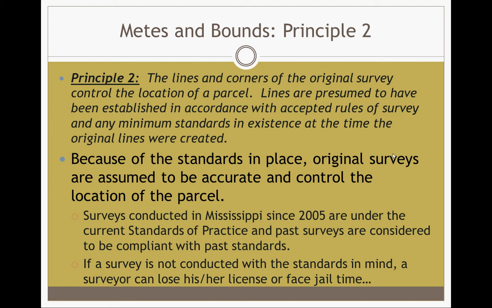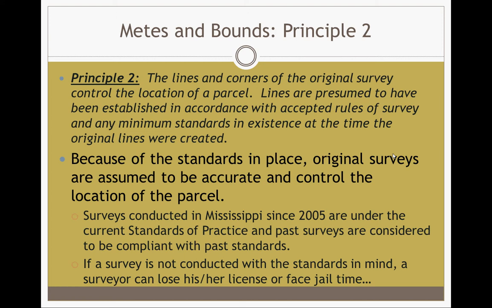And previous surveys from there that you may retrace are considered to be in compliance with those standards previous to June 2005. And this is the whole concept of, even though it's an older survey done with lesser technology, done with lesser knowledge, it's still going to fall under some form of standards of practice, and we still want to make sure that we maintain that or make it better, okay, when we create a new description or create new boundary lines.